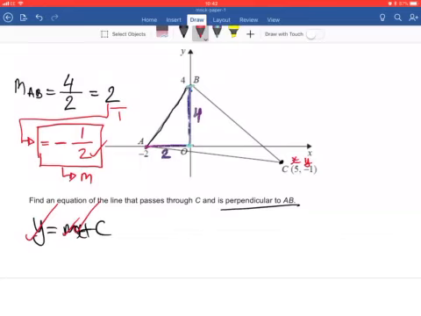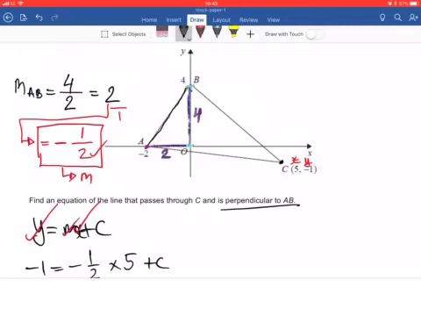Let's tick it and let's work out c. So instead of y, I'm going to say minus 1. Instead of m, I'm going to say minus a half. Instead of x, I'm going to say 5. And the c I'm trying to work out, so I'm not going to do anything with it.